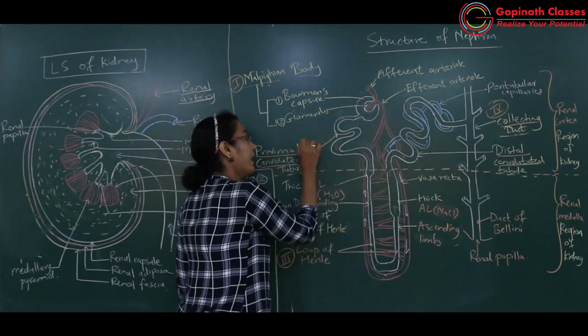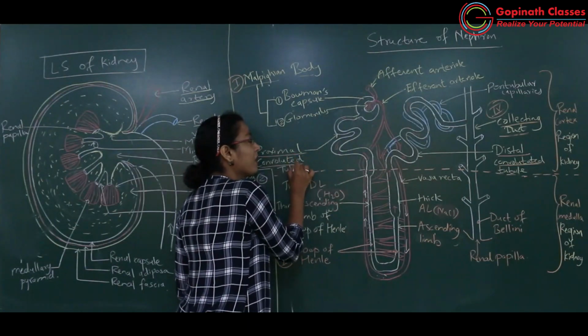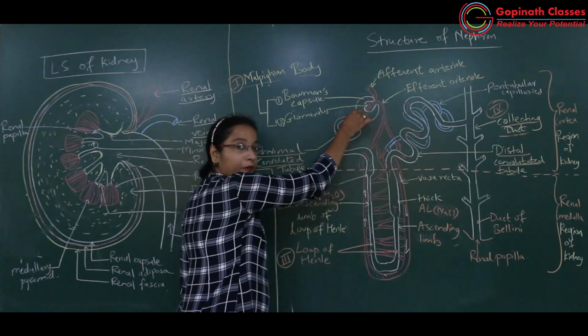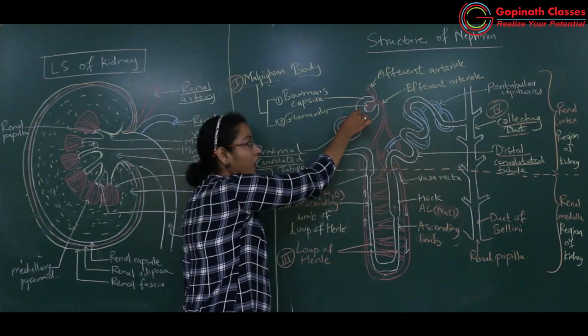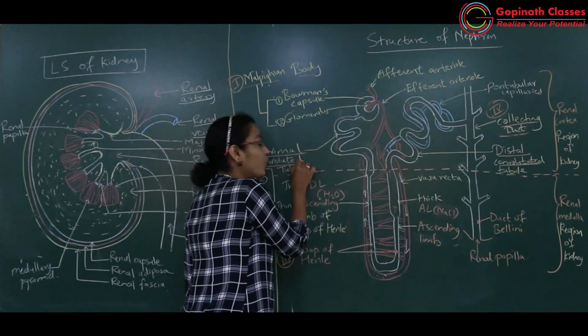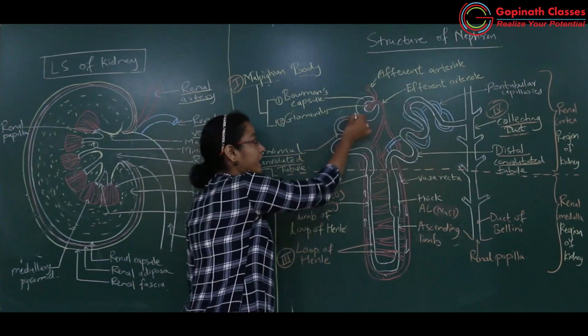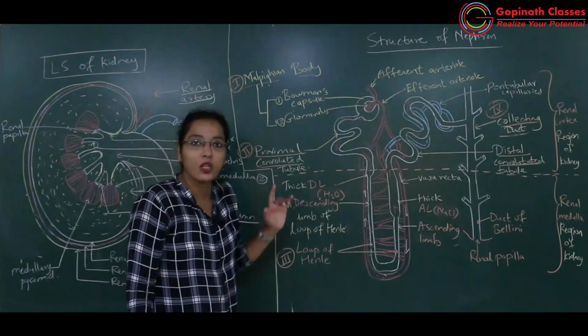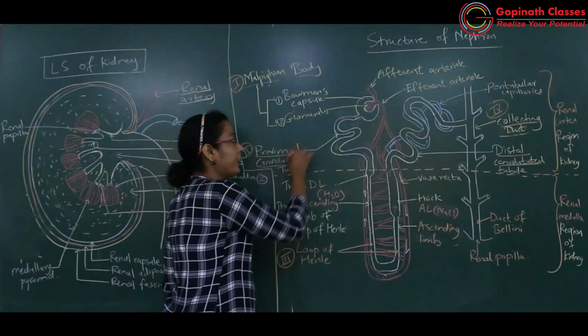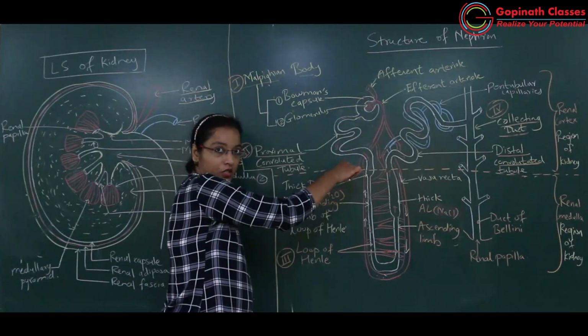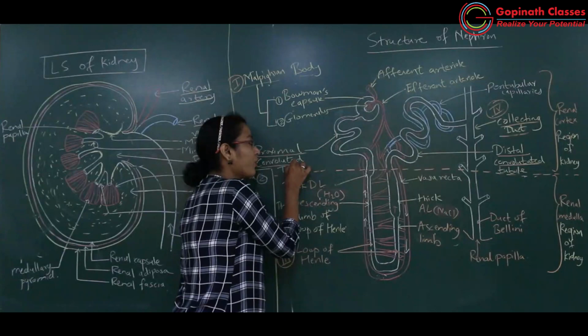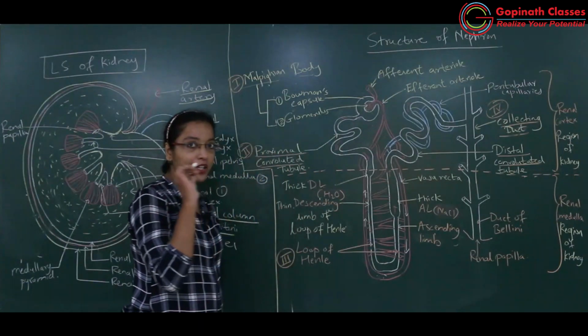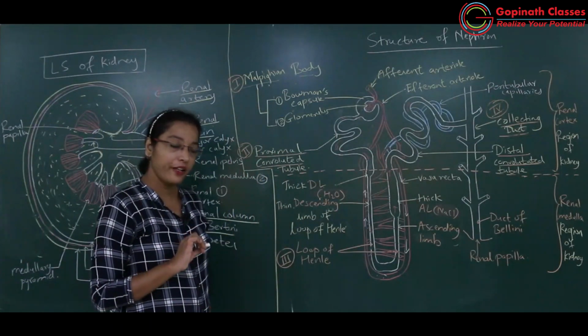And this end of the proximal convoluted tubule is the open end. Got it? Why is it called proximal convoluted? Proximal because it is near the Bowman's capsule, convoluted because it is coiled. So the proximal convoluted tubule is the very first part of the renal tubule of the nephron.